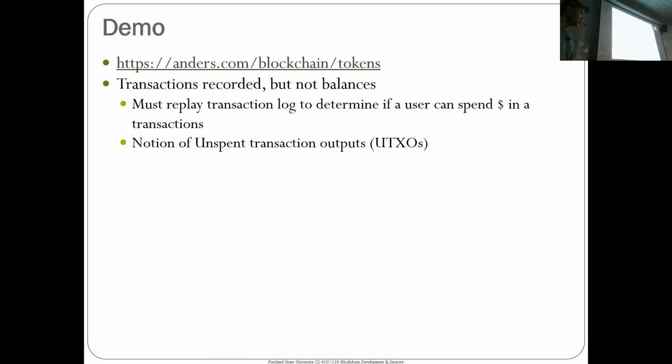If you want to figure out whether or not that transaction is valid, does Darcy have that money to actually give to Bingley? You have to replay the transaction log from the beginning of time to make sure that, yes, there's enough in that account for you to do that transfer. So this is the notion in Bitcoin of what they call an unspent transaction output.